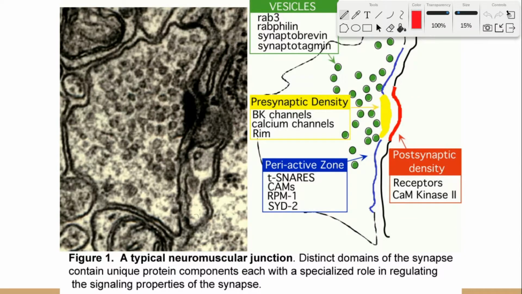The active zone is also commonly called the presynaptic density, and for this reason right here. So look at how electron dense the active zone is. This is a transmission electron micrograph. And just look at how densely packed the active zone is with electrons.